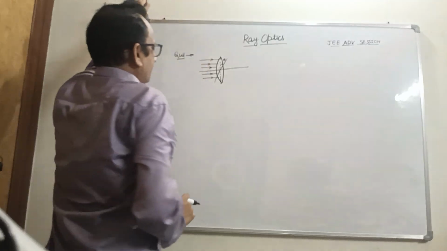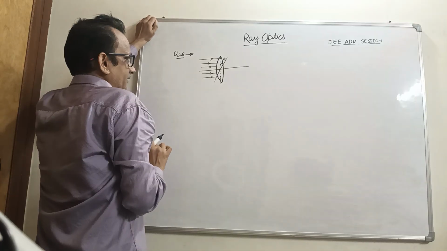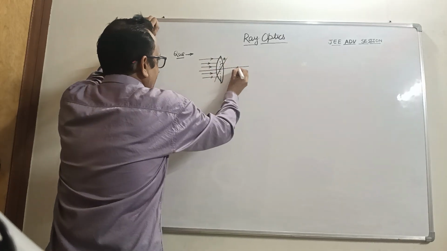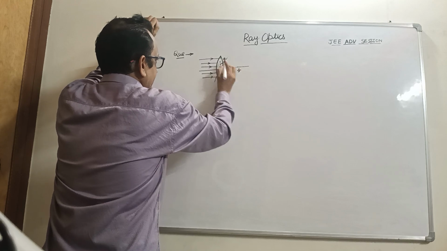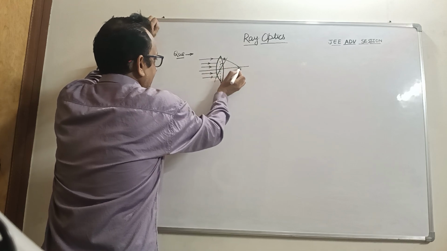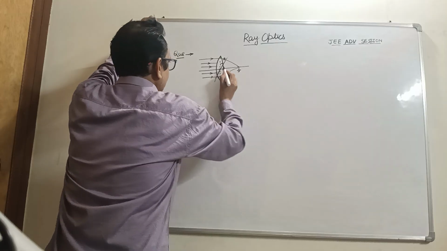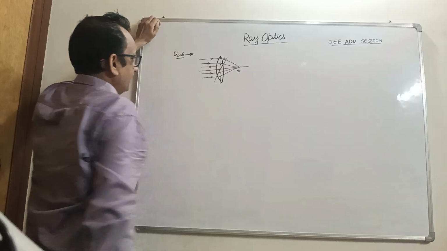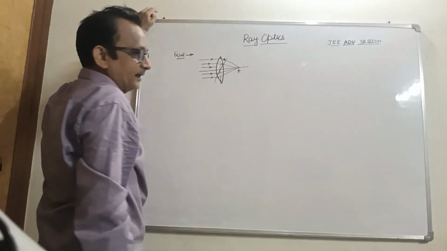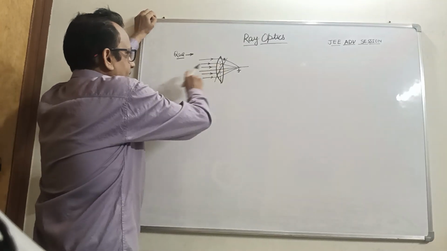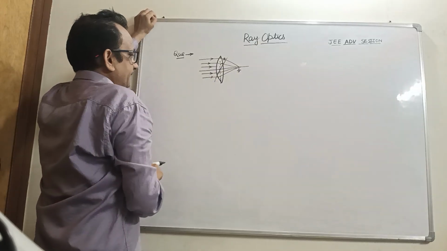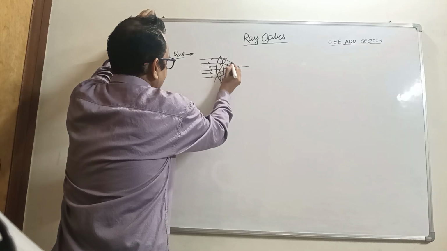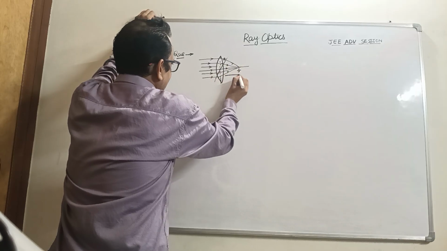When the lens is not tilted from its original position, then we know the parallel rays converge at the focus. So the image would be formed at the focus, and the line through the center would be straight. This distance is f.